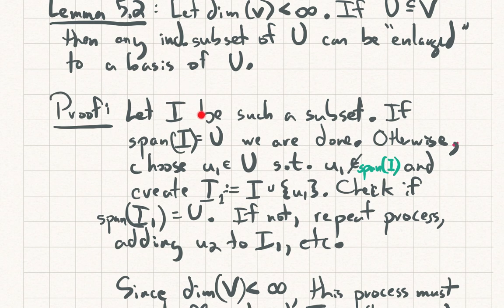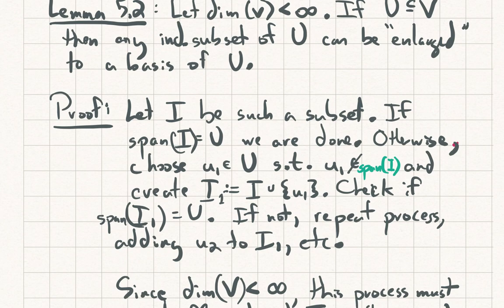We take our linearly independent set, find something that's not in the span, call it u1, and add it to I, and now we have I1. So it's the original set plus that original vector. We check if it spans, and if it doesn't, we make I2 by picking another vector not in the span of I1 and adding it. That's how that works.